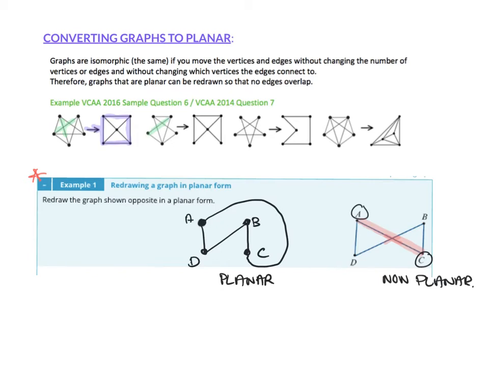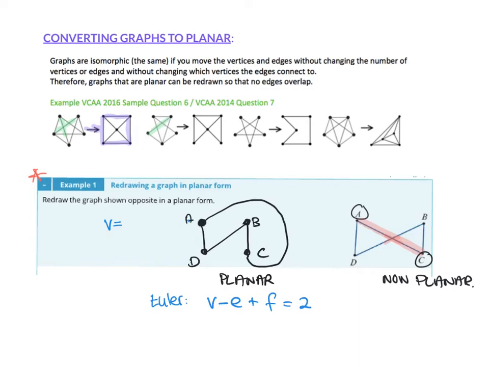So if we wanted to test Euler's formula, let's just have a go. So we know it was V minus E plus F should equal 2. So I'm going to say, how many vertices has this one got, boys? Vertices are the points.